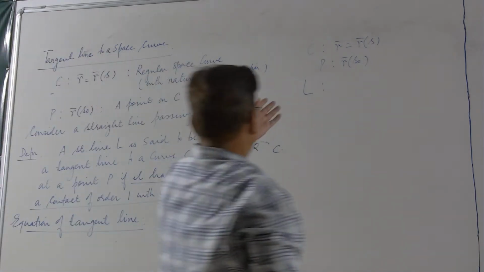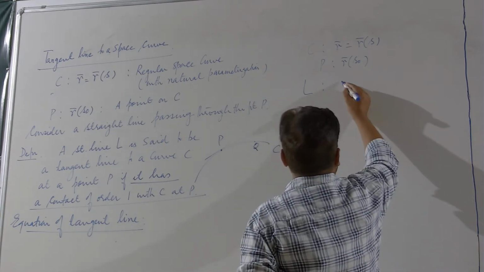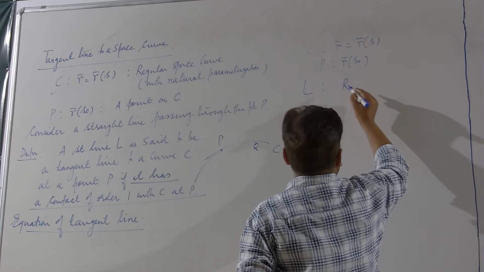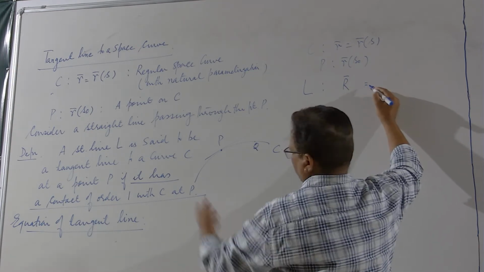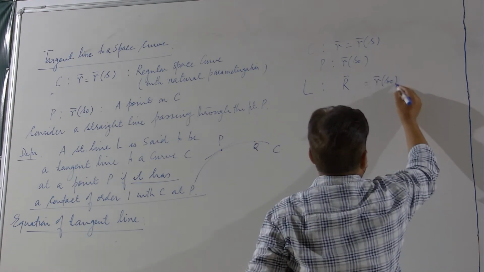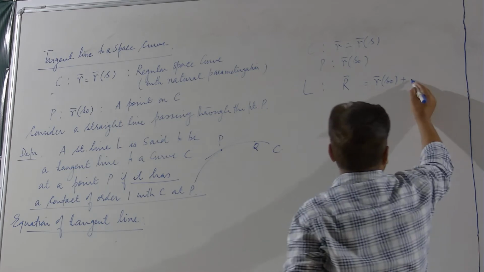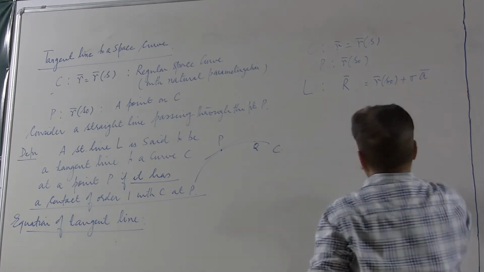So, line as a space curve can be represented by an equation r equal to, it is passing through the point P, so it must be r(s0), it has certain parameter sigma into it is parallel to some vector A.